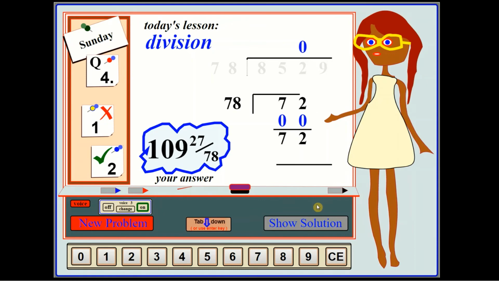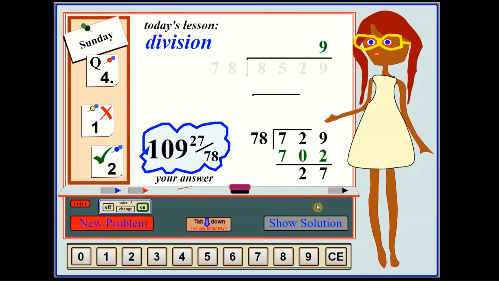The 72 represents what is unaccounted for at this stage. We combine that with the last part of the original number, the 9. We repeat our 3-step process for a final time. 729 divided by 78 is 9. 9 multiplied by 78 gives the green 702.